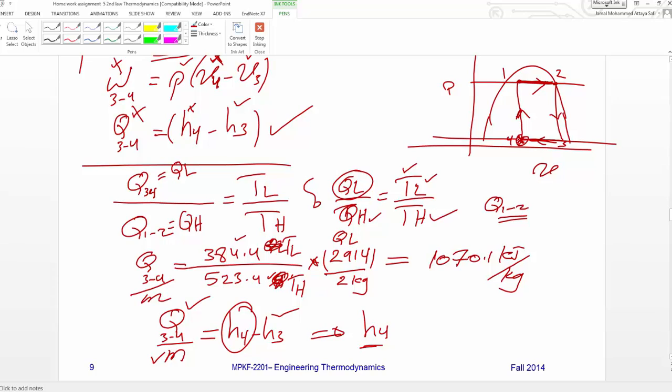First I need to find H4. So H4 is actually H3 minus this Q3 to 4 divided by M. And that's going to give you 2250.5 minus 1070.1, and that's going to give you 1180.4 kilojoule per kilogram.